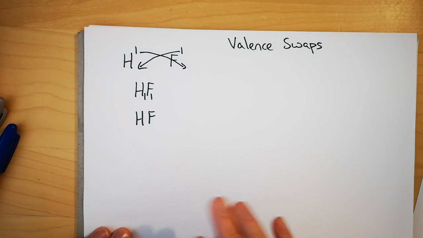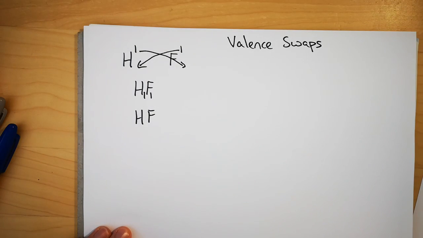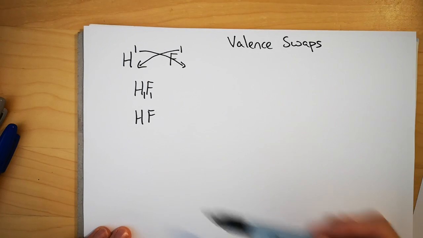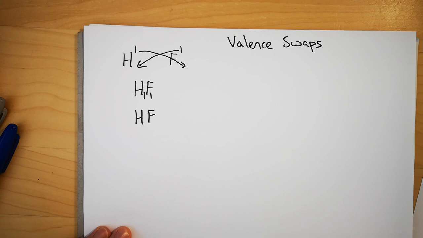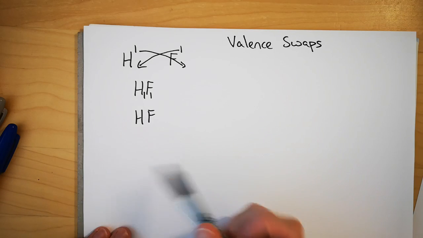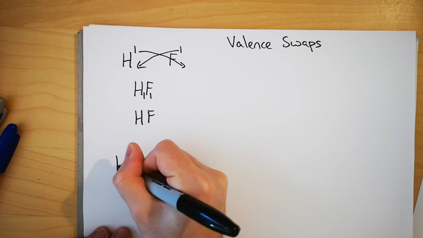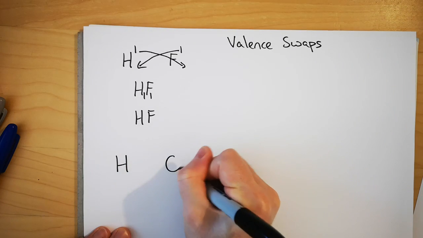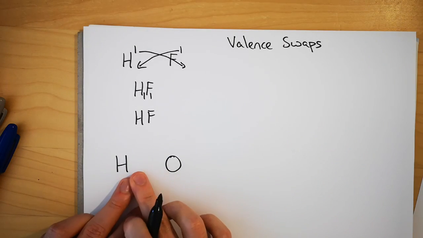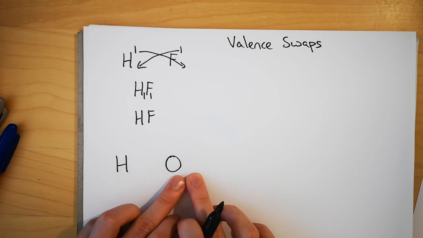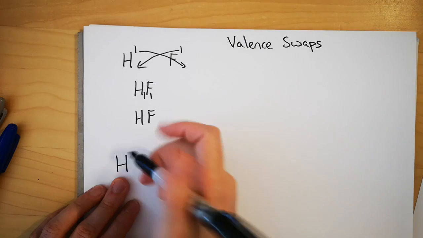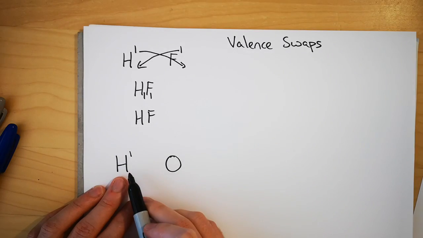Now, the next one I want to show you, and I'm going to do the diagram for it as well because it's a very good example and it leads us into some interesting things. So what I'm going to have is H and O. Now, hydrogen was in group 1, oxygen was in group 6. So the valency for hydrogen is 1.